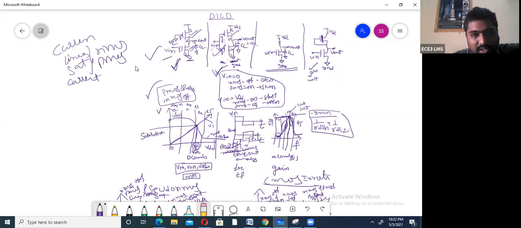Based on the parameter you are calculating, you should know the region of operation. If you are finding the output voltage VOH, the region of operation is 1. If you are finding the output voltage low, the region of operation is 5. If you are finding the threshold voltage, the region of operation is 3.